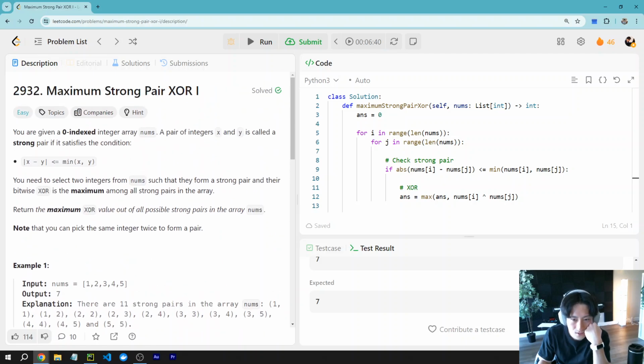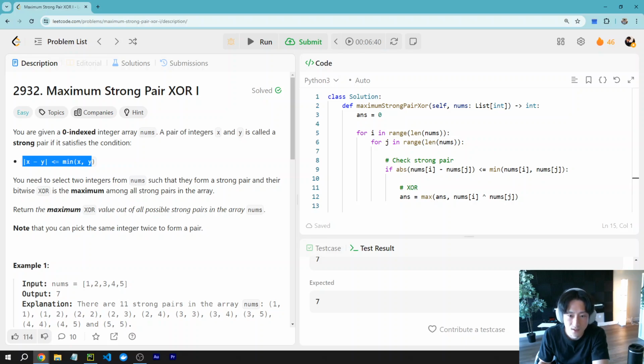The bottleneck exists in two locations. One location is whether finding the strong pair can be faster to identify.